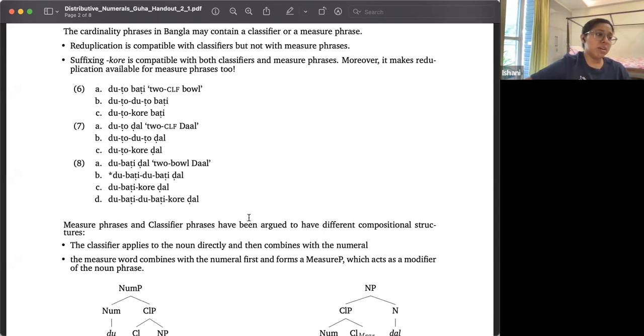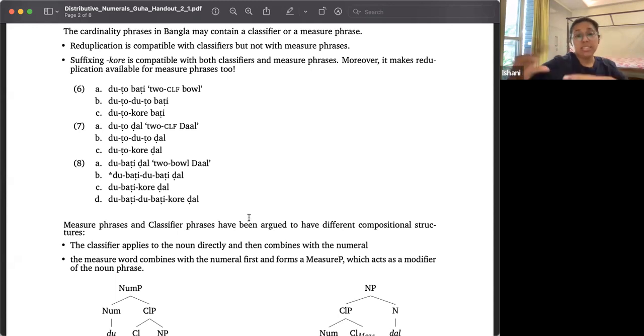But most of those scenarios are about not the distributive reduplication, but emphatic reduplication. So somebody is not able to hear you clearly, so you are repeating dubati dal, or you're giving instructions, bring me dubati dal, and they couldn't hear you, and so you say it again, or you're talking to somebody who's hearing impaired or something like that.